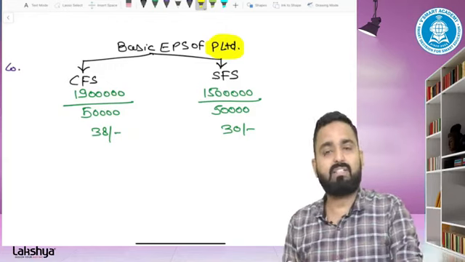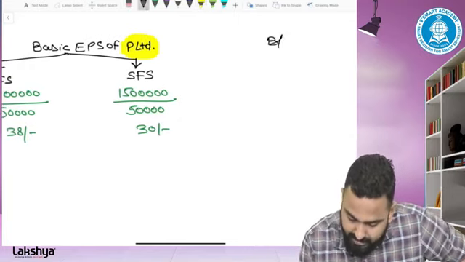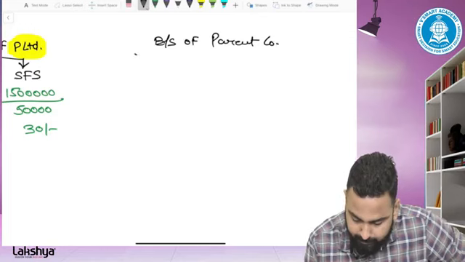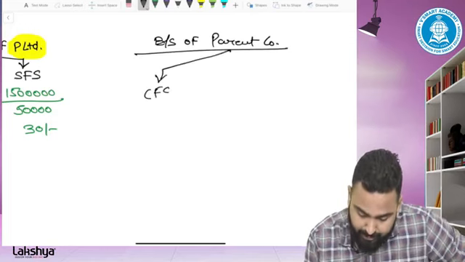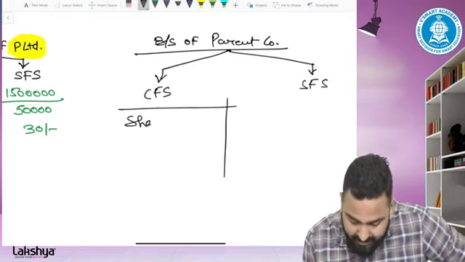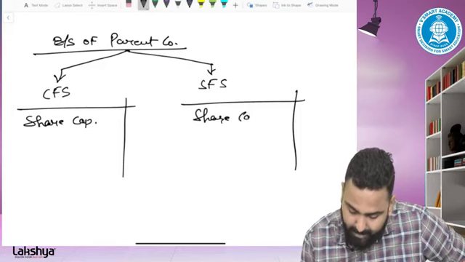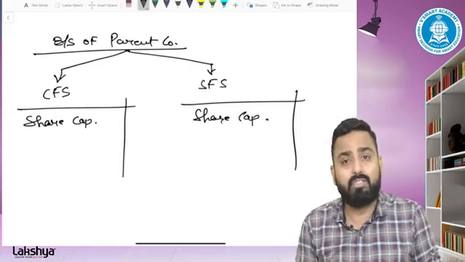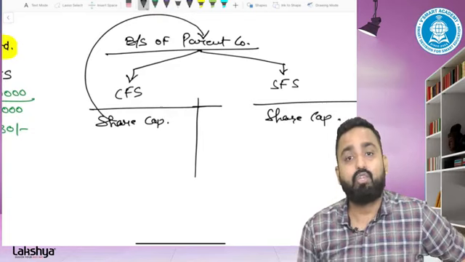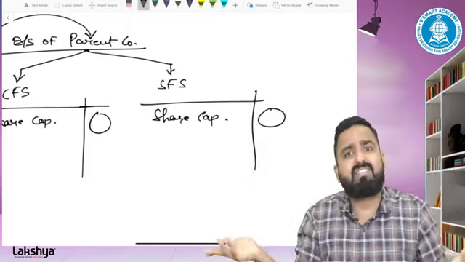Whether the balance sheet of the parent company is under CFS or under SFS, what you need to write is the share capital issued by the parent company. So definitely it will always be the same.